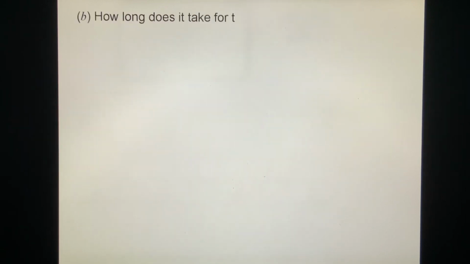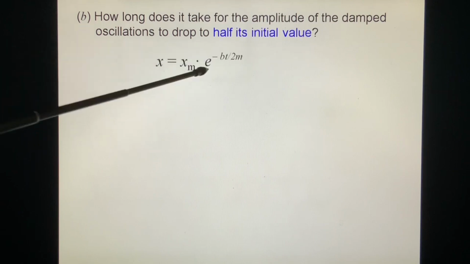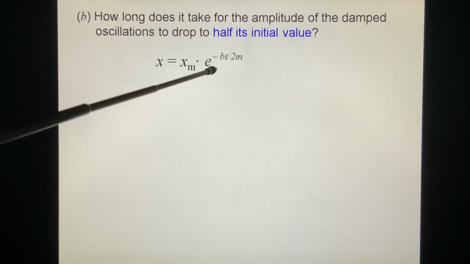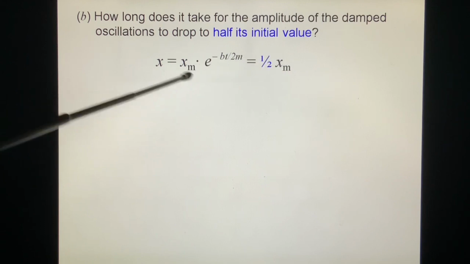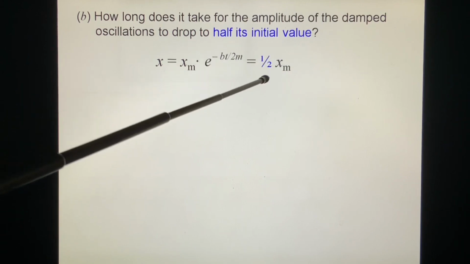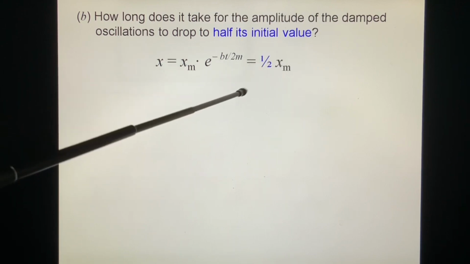How long does it take for the amplitude of the damped oscillator to drop to half its initial value? The initial value, when t equals 0, is x_m. Now we want half. We cancel the x_m and we take the log.